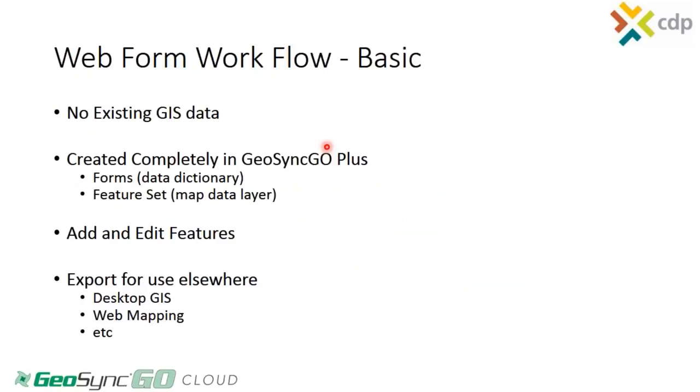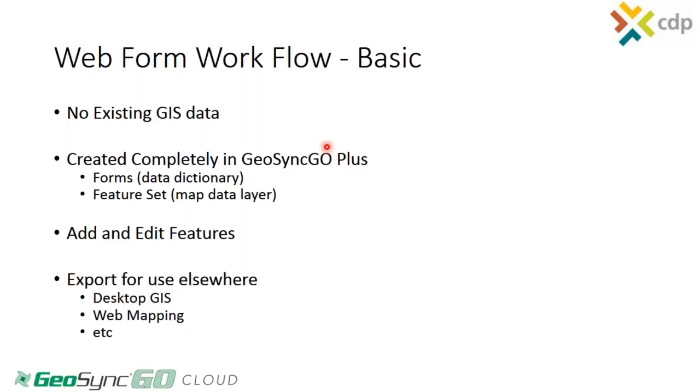So for today, we're going to look at just a very basic workflow. We're not going to use any existing GIS data. We're not going to import anything. We're going to create this workflow, the layers, and the map completely in GeoSyncGO Plus. We're going to do the forms. We're going to do the feature set, the map data layer. Everything's going to be done within GeoSyncGO Plus. Then we'll actually add and edit features for that workflow database.